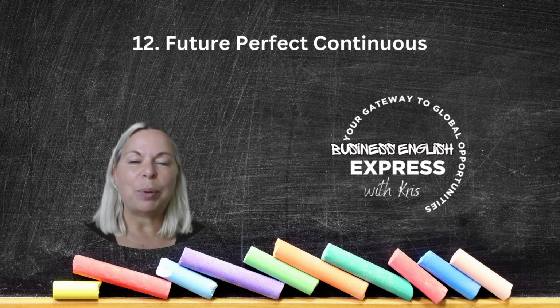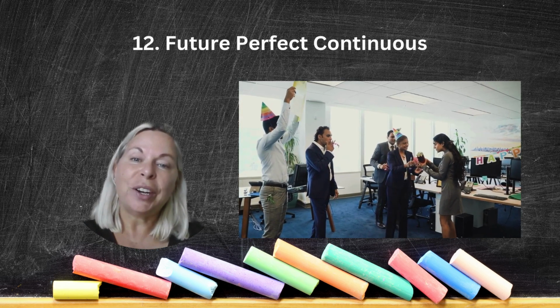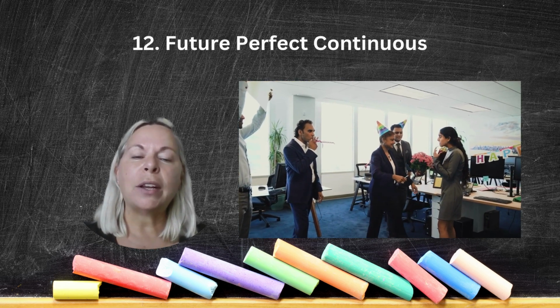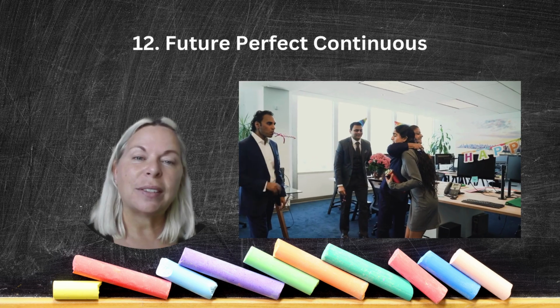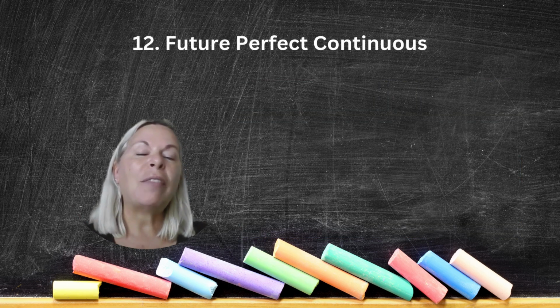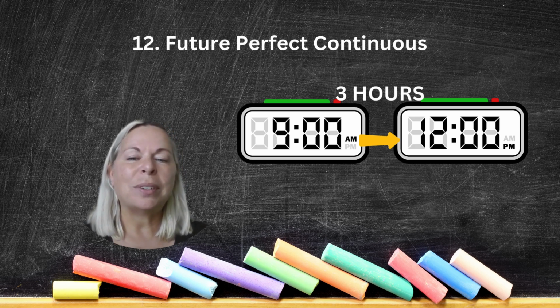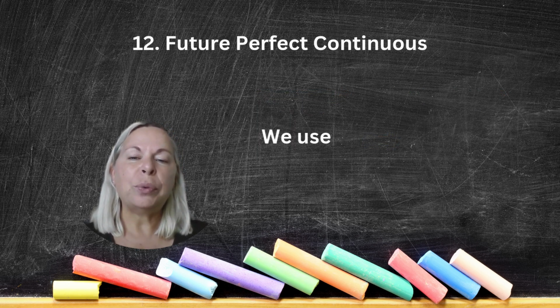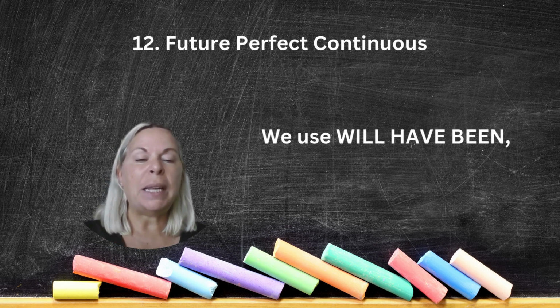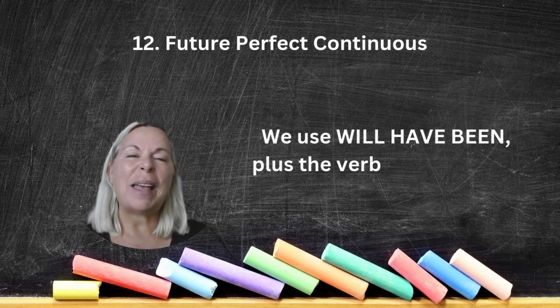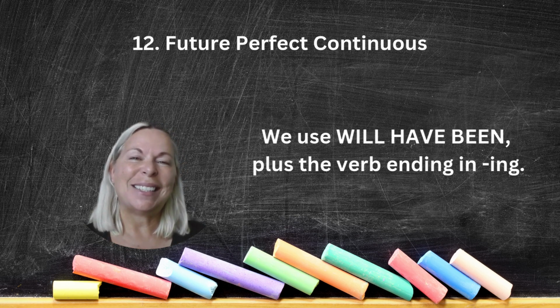As an example, by next year, I will have been working here for 5 years. Or he will have been studying for 3 hours by noon. We use will have been plus the verb ending in ing.